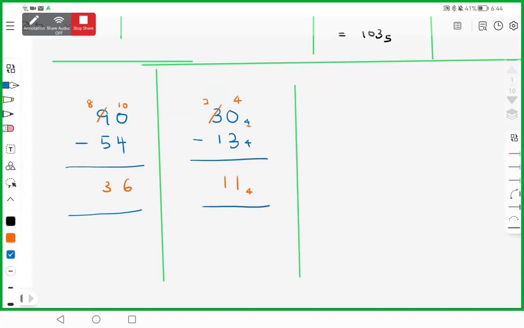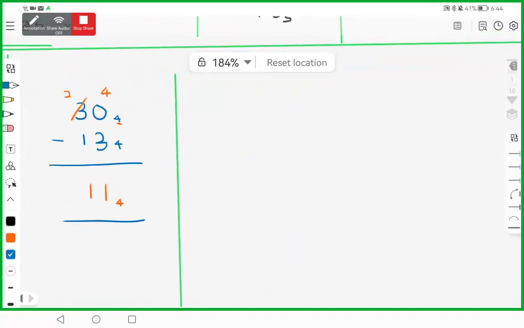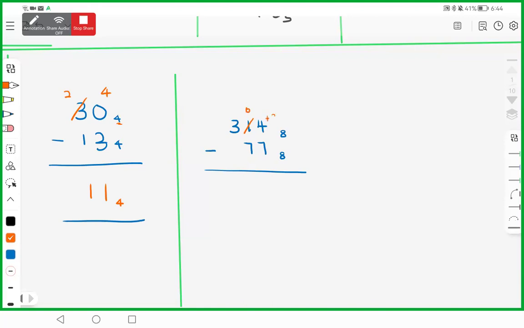Okay, so next, say we have another number. We go for 3 digits now. 314 in base 8 minus 777. 4 is not enough to minus 7, so you borrow. You add 8, you get 8 only.